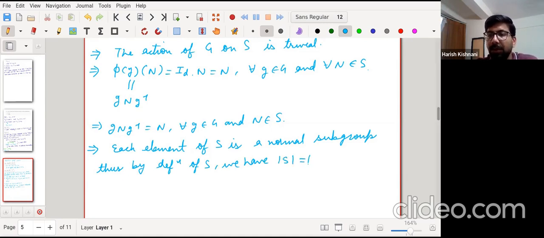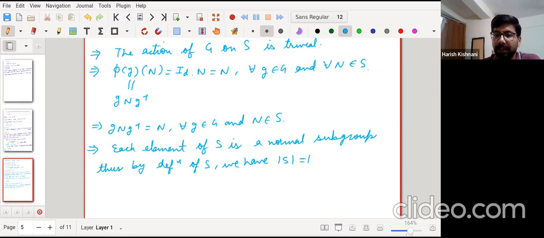So if you pick any element of S, it's a normal subgroup, and the remaining three are conjugate to the first one by the definition of S. So all of its conjugates have to be the same.